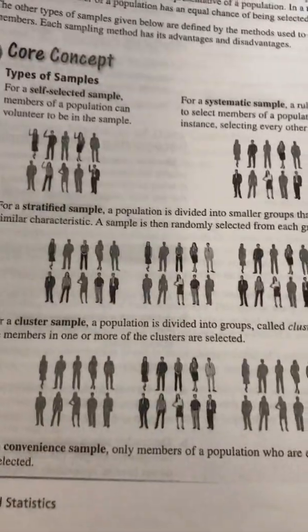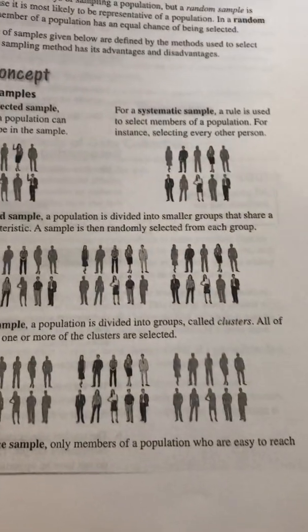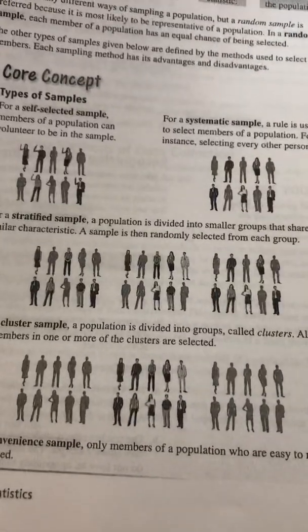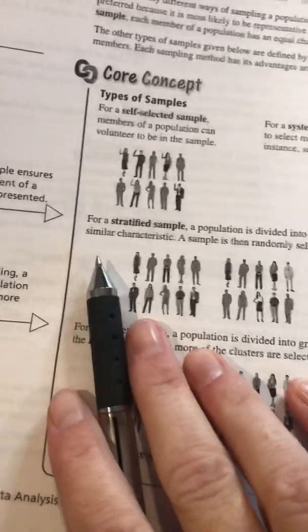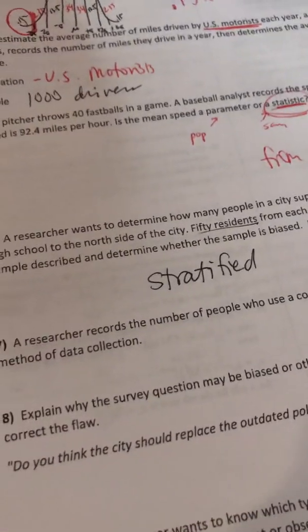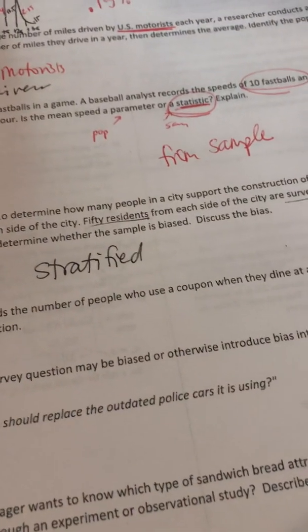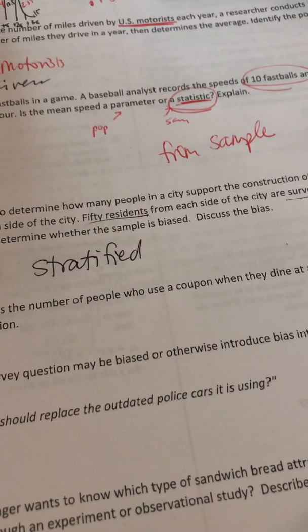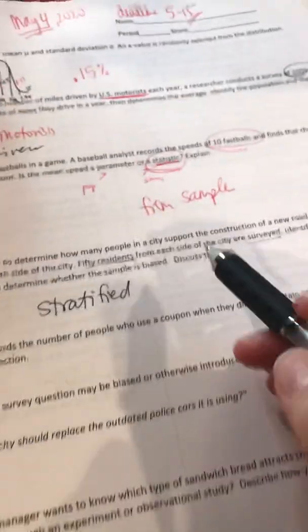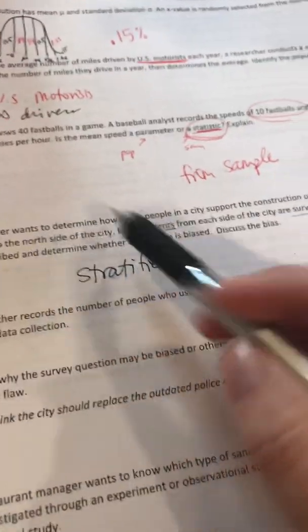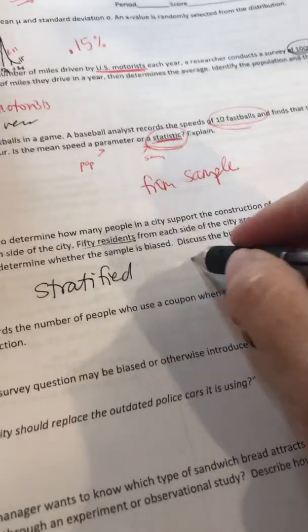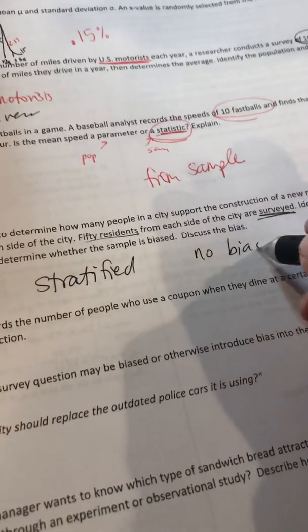We had some from each side of the city, so that's why it's stratified. And do you think it's biased? I'm sure it's biased to some degree, but not really. It might be biased for those on one side of the city, but because they did from each one, there is no bias.